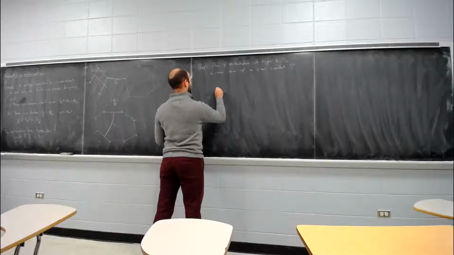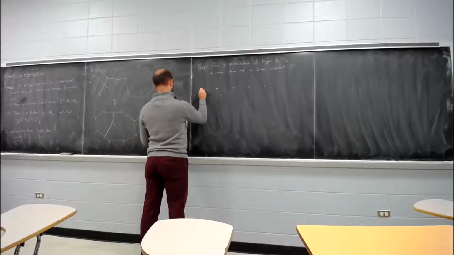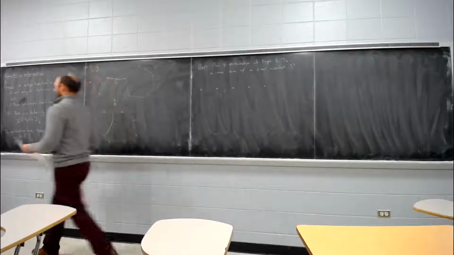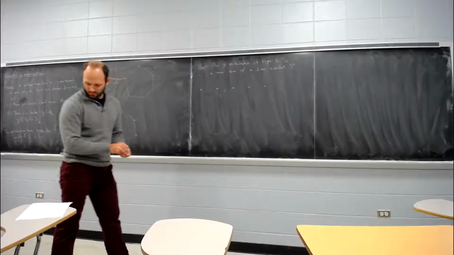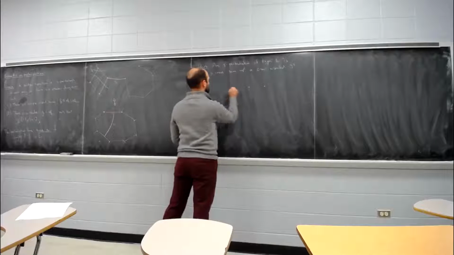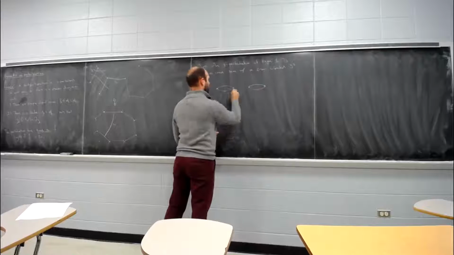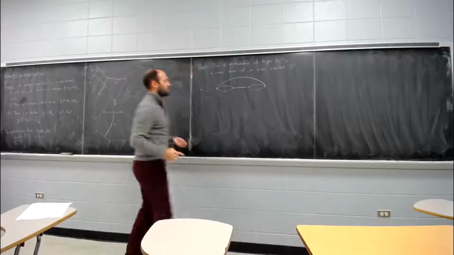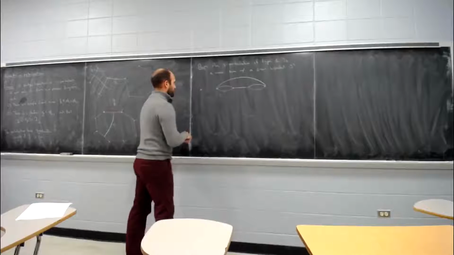Let me draw a shadow diagram for my two-bridge trisection of the unknotted sphere. That's a shadow diagram for one of the two-bridge guys that I drew a while back.